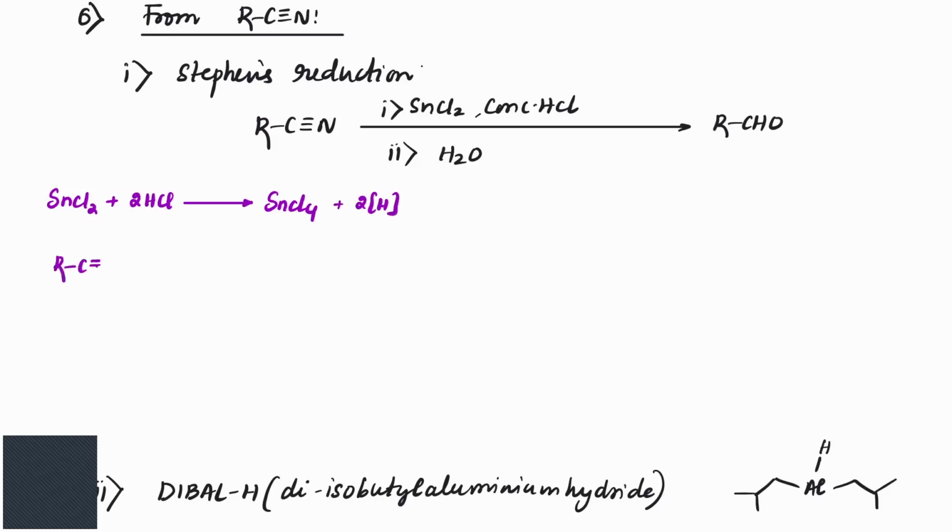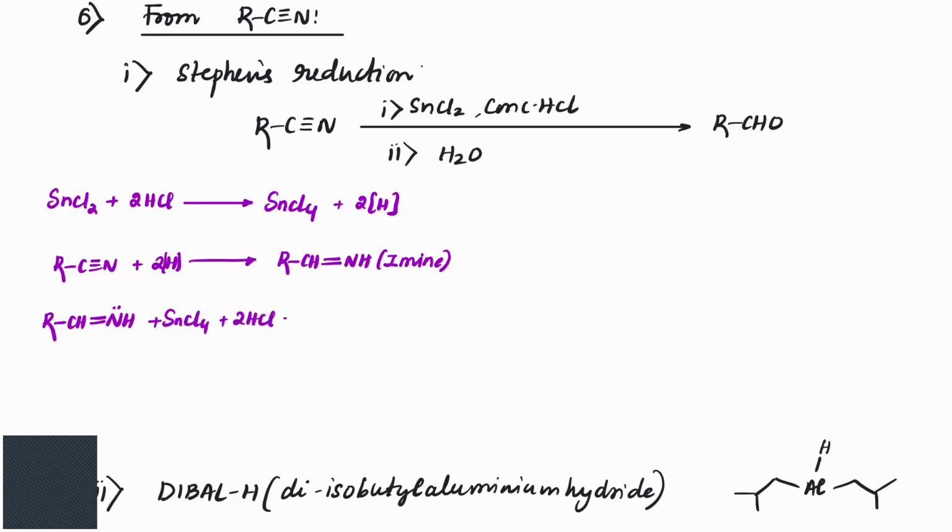Nascent hydrogen would make an addition here, converting that to RCH double bond NH. Okay, so this is an imine form. So imine is formed. And once you get an imine, double bond NH, the lone pair on it reacts with SnCl4 plus 2 moles of HCl.